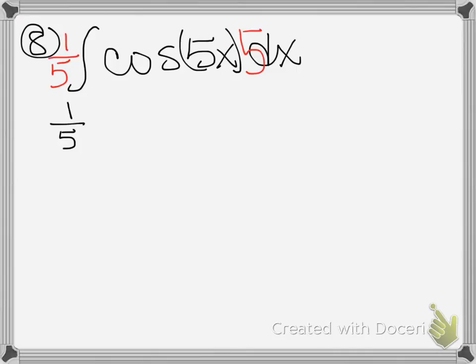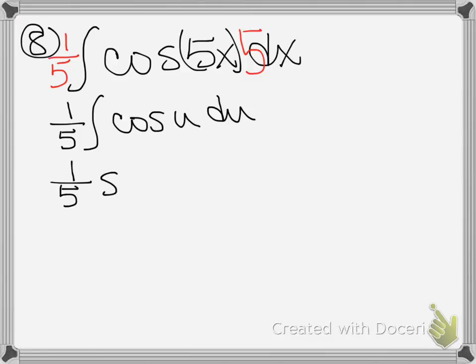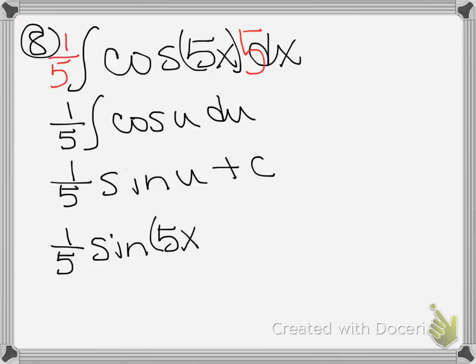And I'm dealing with 1/5 integral of cosine u du. All right, antiderivative of this is 1/5 sine u plus c, or 1/5 the sine of 5x, slap that in parentheses, plus our constant.